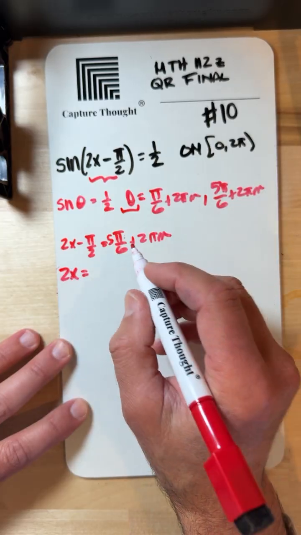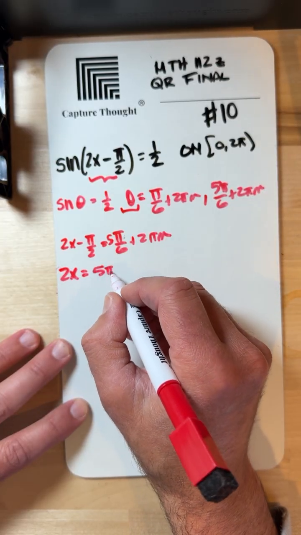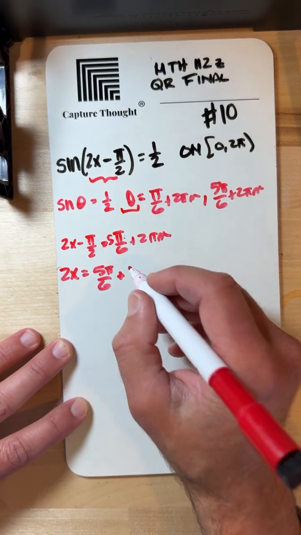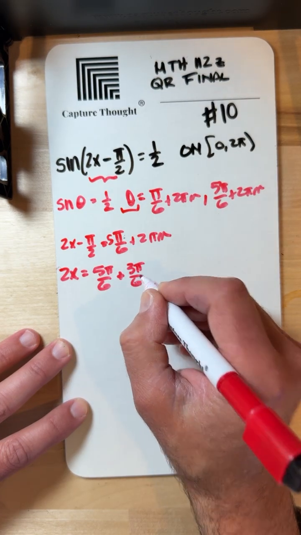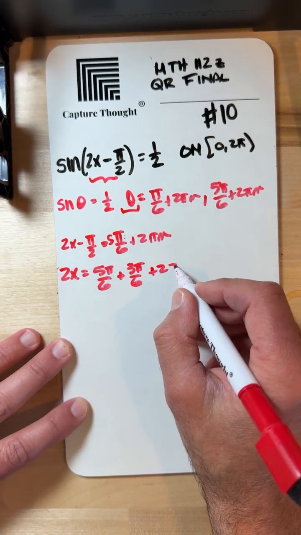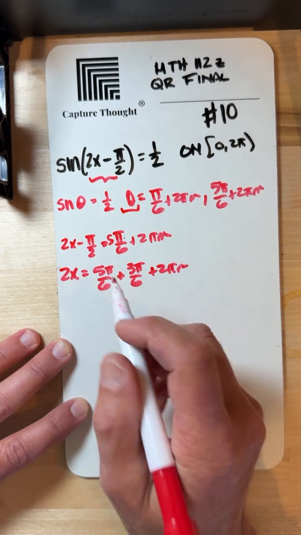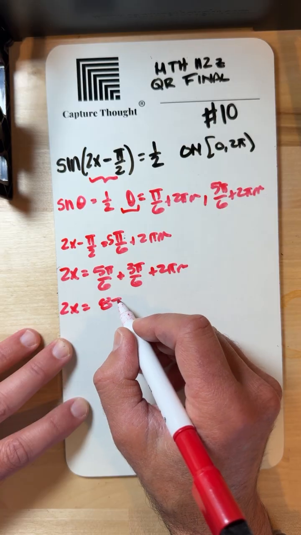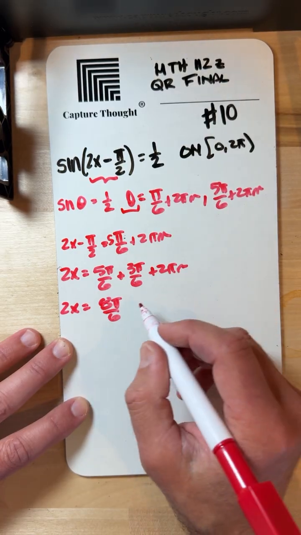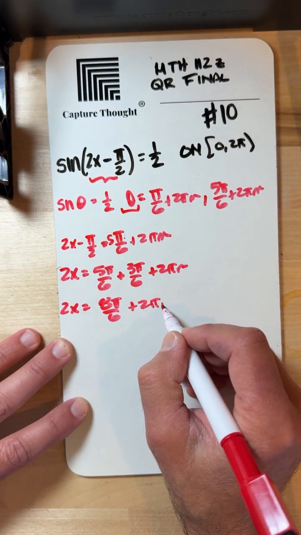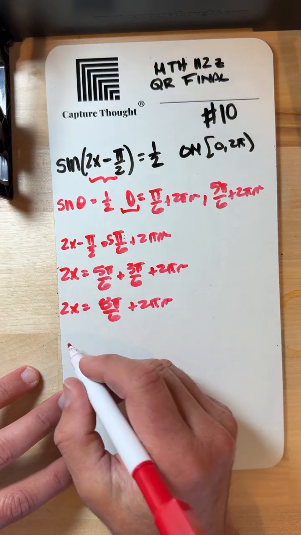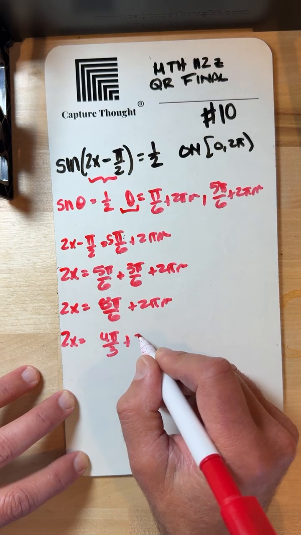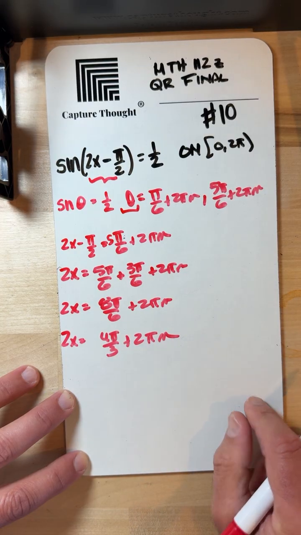So 2x is going to be 5 pi over 6, plus, again, I'm going to rewrite that as 3 pi over 6, because that's the same thing as pi over 2, and then plus 2 pi n, and combine these. So that's now 8 pi over 6 plus 2 pi n. I'm going to simplify 8 pi over 6. I'm going to get 2x is equal to 4 pi over 3 plus 2 pi n.